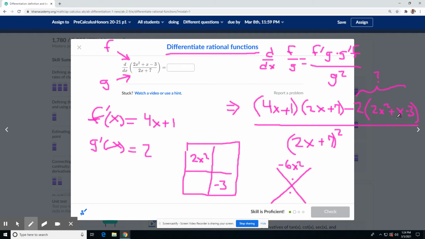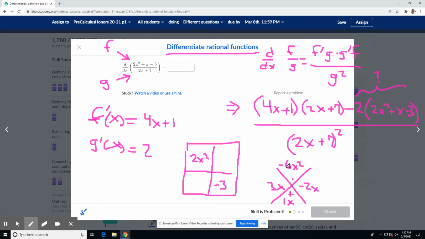And they have to add to be the middle number. So it'd have to add to be 1x. Okay, so what two numbers multiply to be negative 6x squared and add to be 1x? That would be 3x and negative 2x.